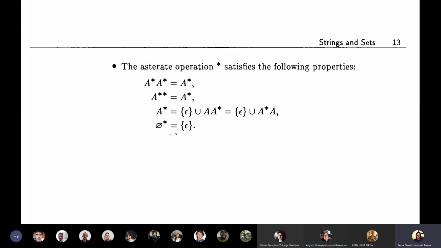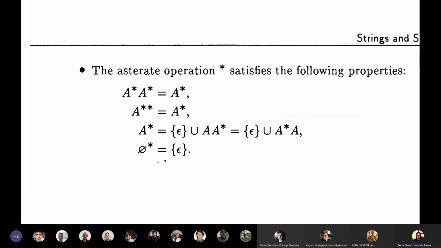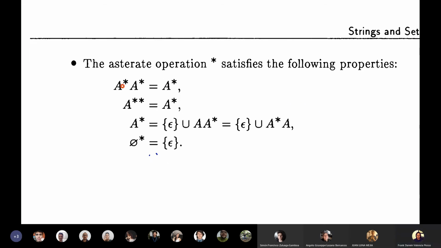Then some properties of this star operation. A star concatenated with A star is the same as A star. It's also idempotent, meaning that A star star is the same as A star. And very important, the star of the empty set is not the empty set, it is the set that contains the empty string.